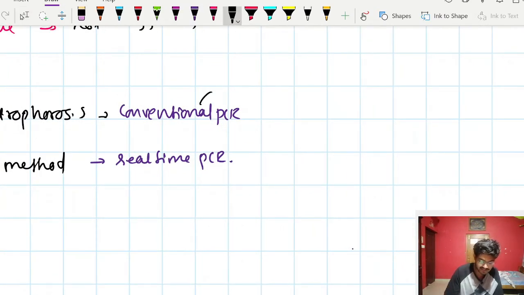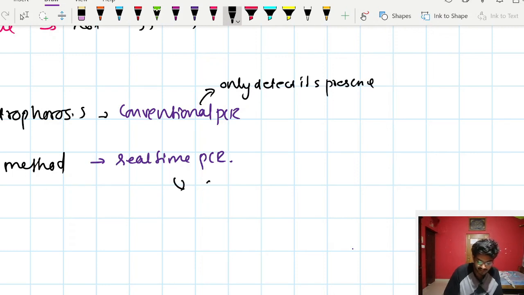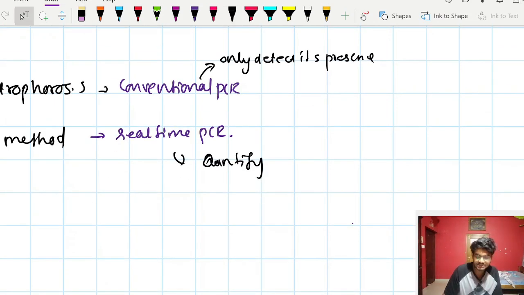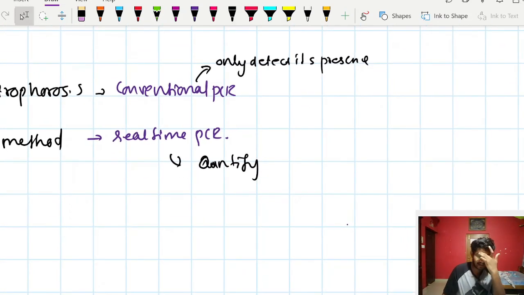There is some difference between conventional PCR and real-time PCR. In conventional PCR we detect quality, whether it is present or absent; we can only detect its presence. But in real-time PCR we can quantify, that means we can identify how much gene, how much pathogen is present.